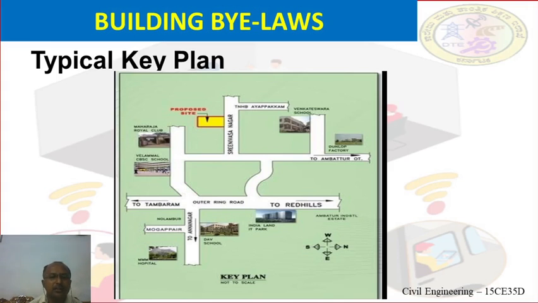The north direction is also important and is to be shown in the key plan. The key plan is nothing but the plan which shows the boundary lines of our adjacent plots.